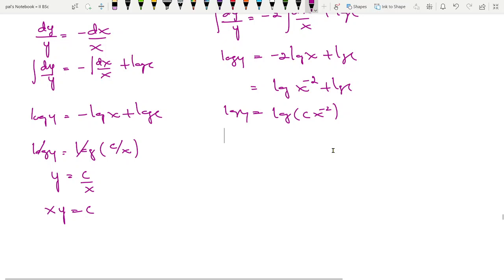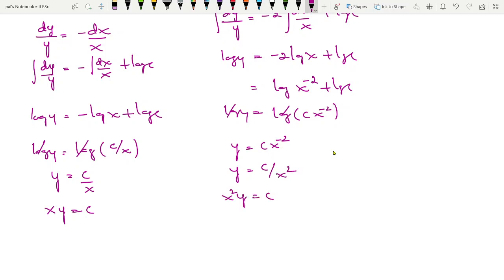Cancel log on both sides. So y is equal to c x to the power minus 2, or y is equal to c by x square, or x square y is equal to c.